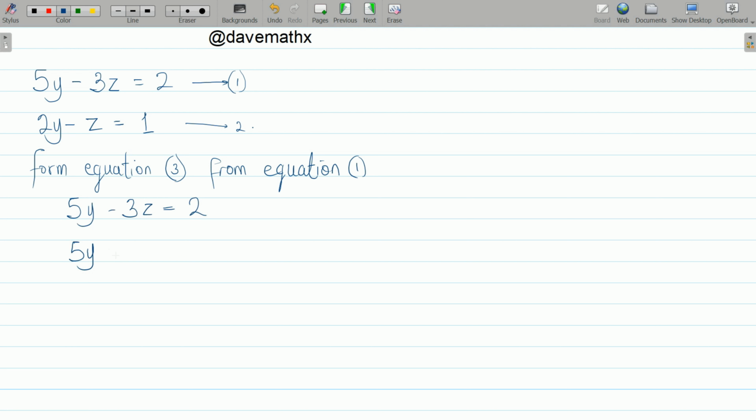We want to make y the subject of the formula. So we move minus 3z to the right and it becomes plus 3z. Dividing both sides by 5 to isolate y. y equals 2 plus 3z over 5.